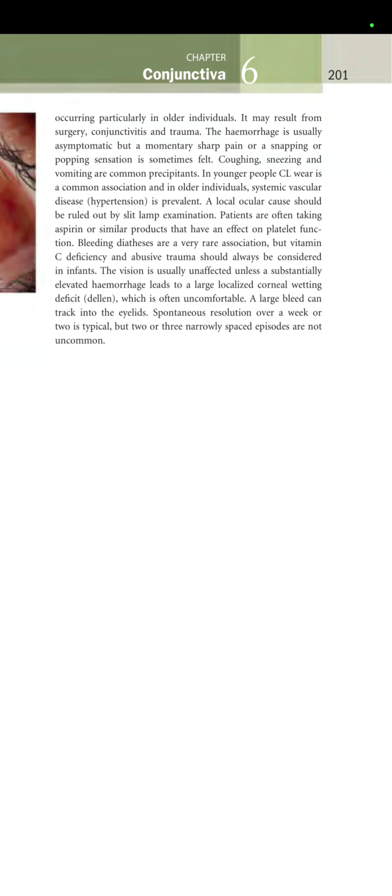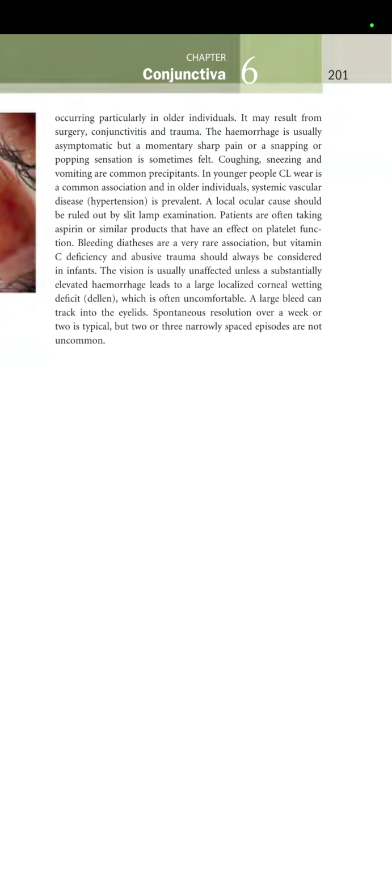Some precipitants are vomiting, the valsalva maneuver, coughing, sneezing or straining. In these cases, it can cause rupture of the conjunctival vessels. And sometimes whenever you are doing a surgery, you just puncture the conjunctival vessel. In this case, subconjunctival hemorrhage is very common.